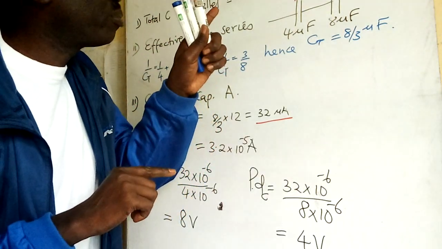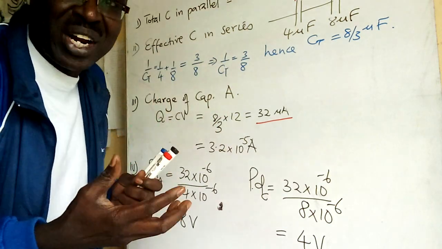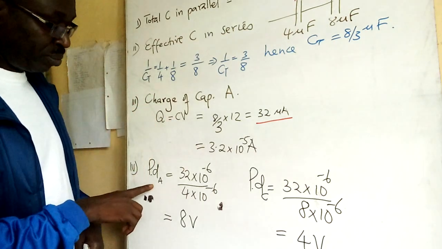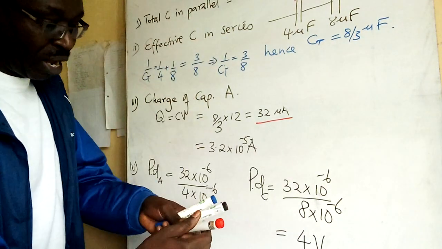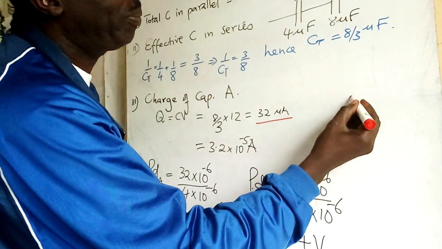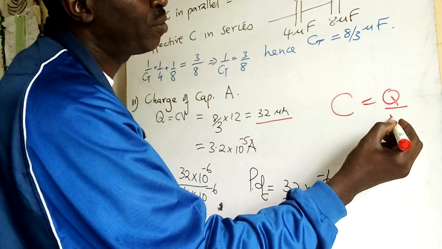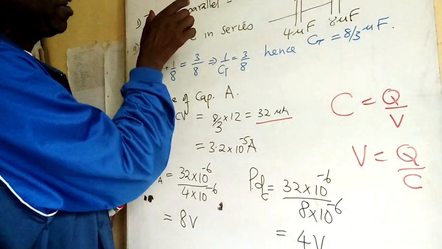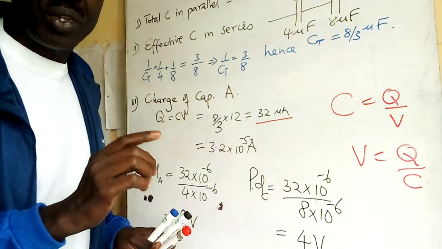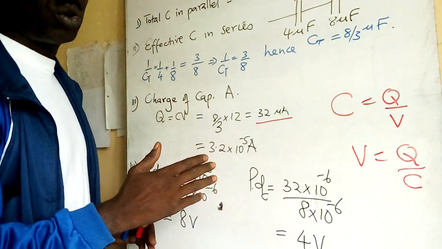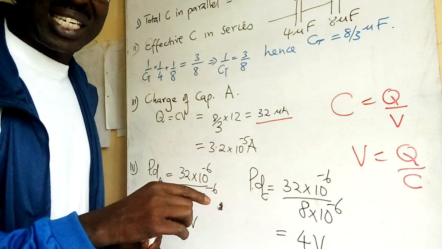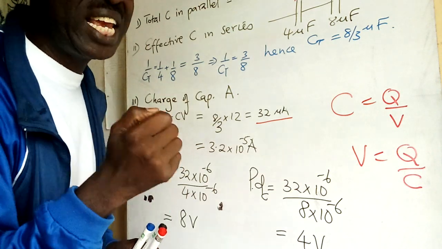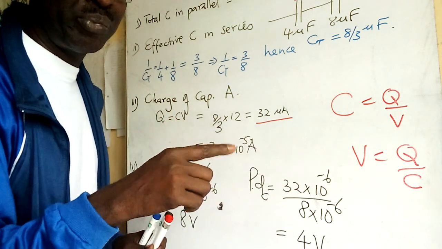D replaced B and C. Now I'm trying to jog your mind. What is the PD across A? From our formula, capacitance is equal to Q over V, therefore V is equal to Q over C. If I get the PD across A, subtract it from 12, I should get the PD across D. D replaced B and C.